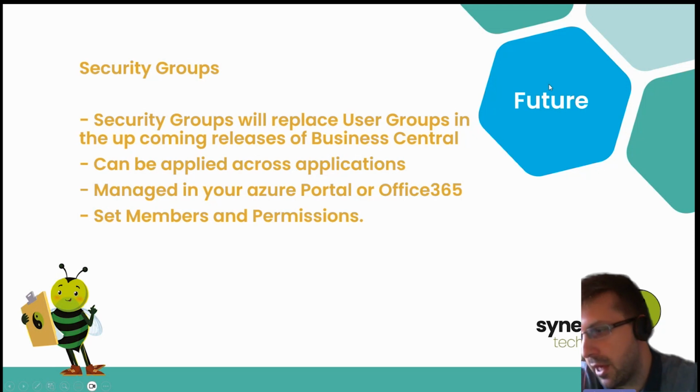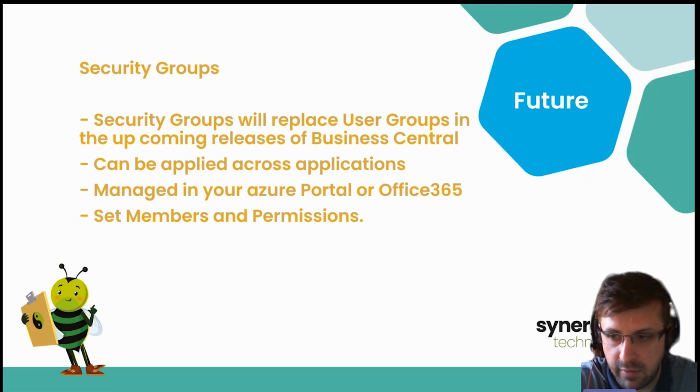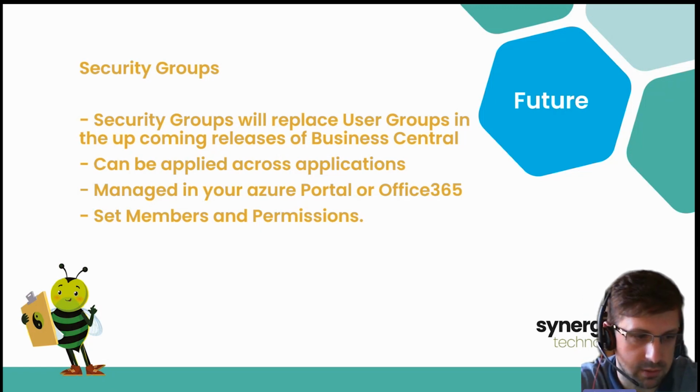What we have is a couple of new features that are currently in the system. They've been applied very, very recently to bring it forward a little bit. So we've just gone over user groups that are in the current system at the moment. They're actually being removed, and it's being replaced by security groups.